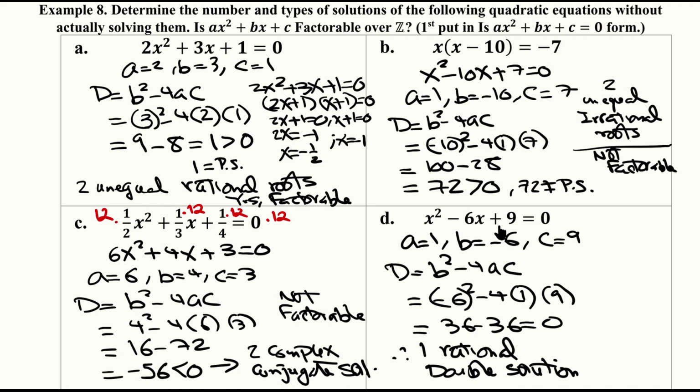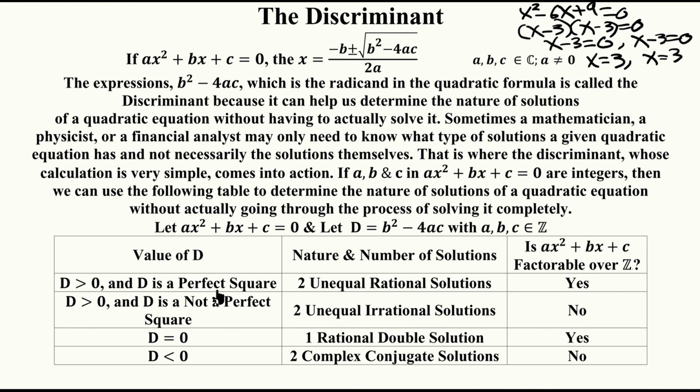As far as factorability of the expression on the left is concerned, we already saw in the previous screen that of course it is factorable. It's just x minus 3 times x minus 3. But more importantly, keep in mind that if we go to our previous screen, anytime you have a perfect square situation, whether d is positive or 0, remember 0 is also a perfect square, then the expression on the left, the ax squared plus bx plus c part, will be factorable and your solutions will be rational.